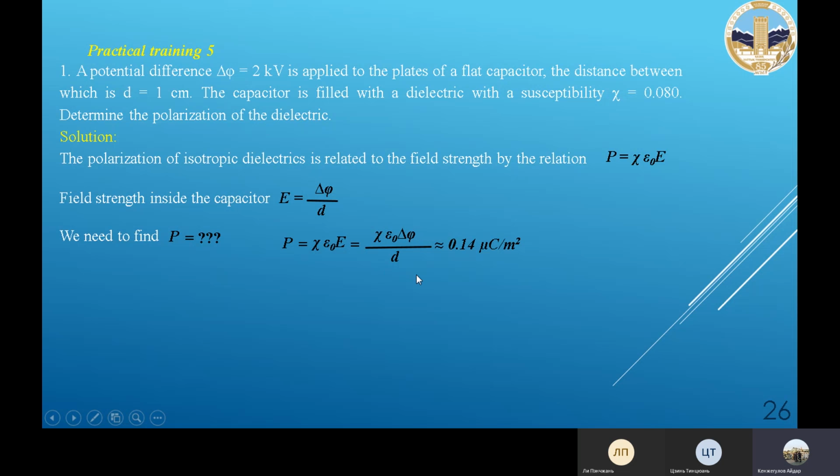We take this formula and put in the values 2 kilovolts and 1 centimeter, and we get 0.14. So we find the polarization.